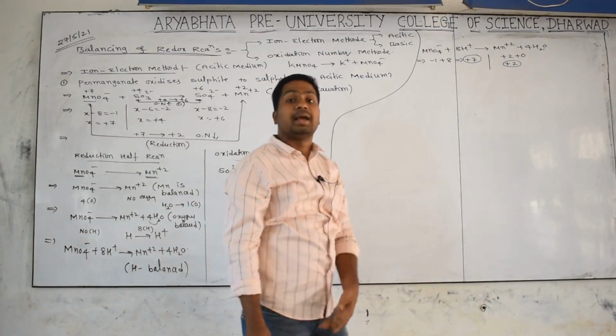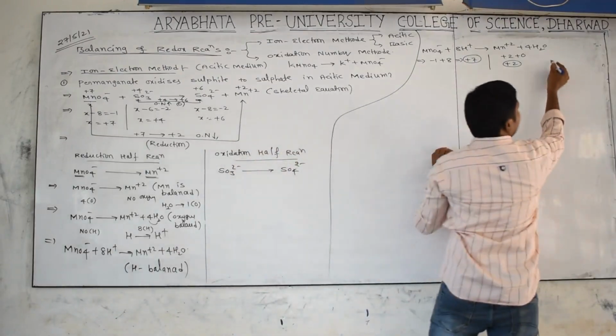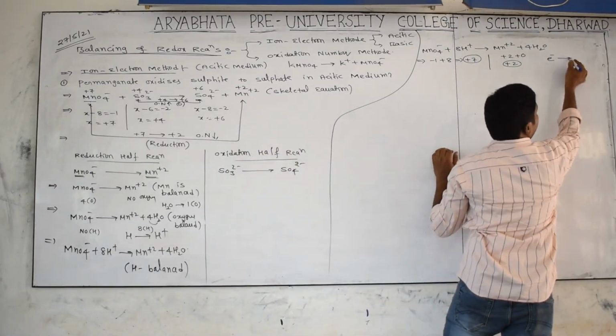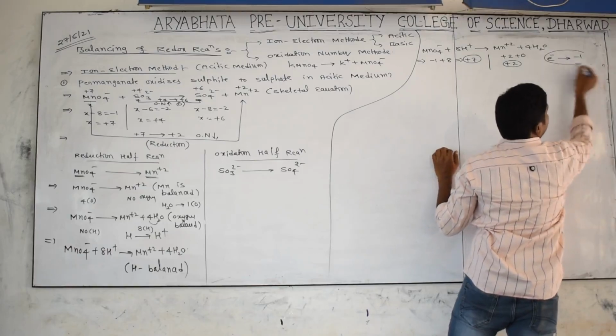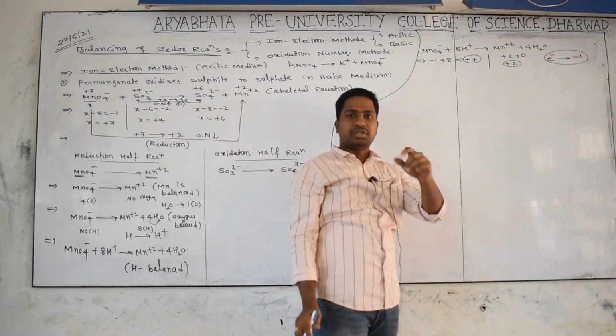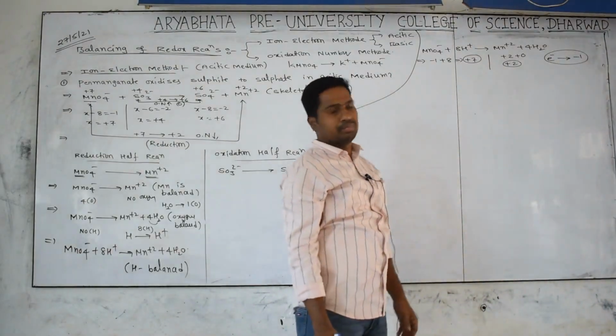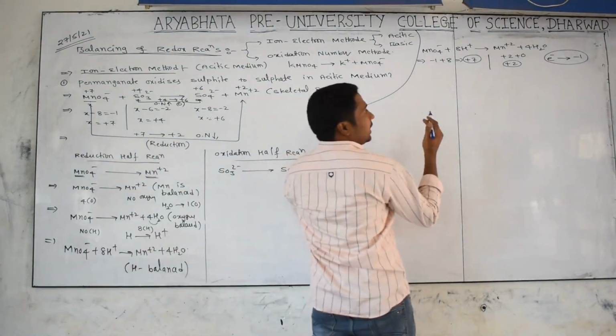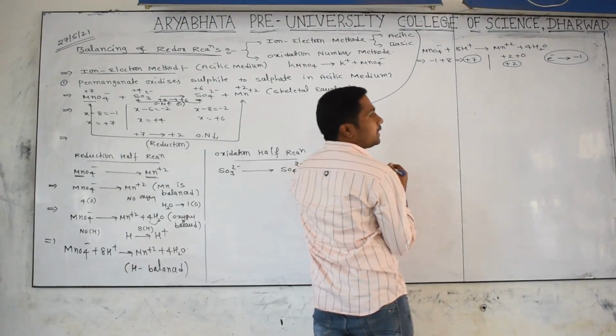By adding electrons. Look very carefully: every electron indicates -1. Remember, electron is negative charge, each electron indicates -1. Now where and how many should we add?